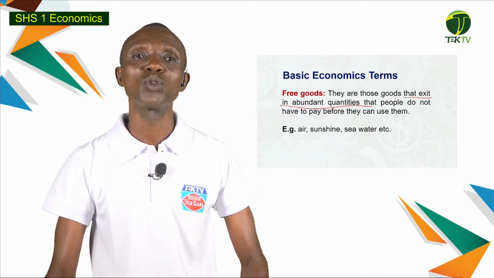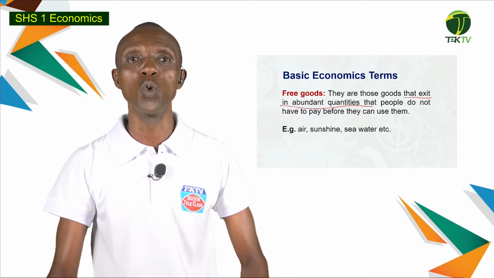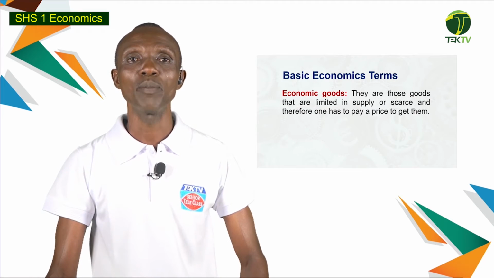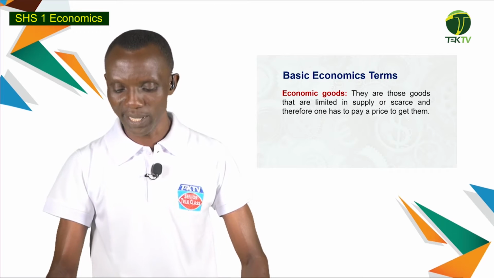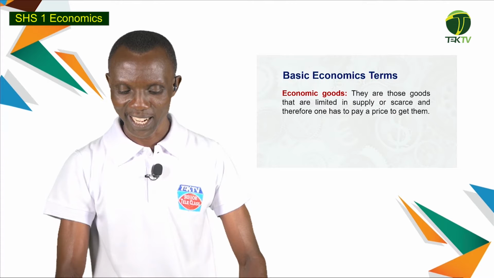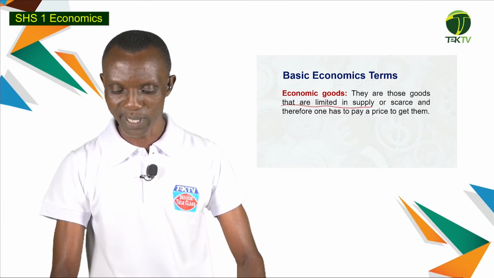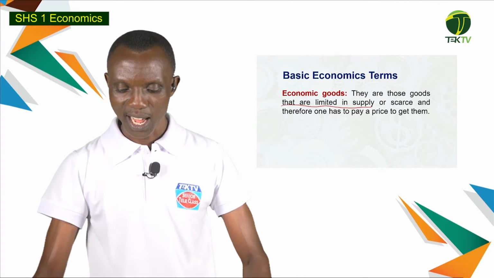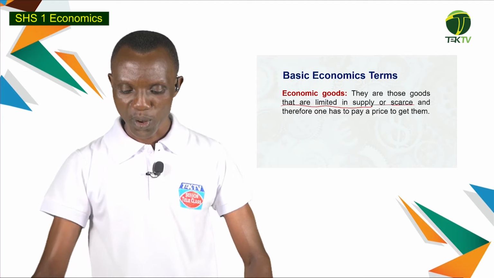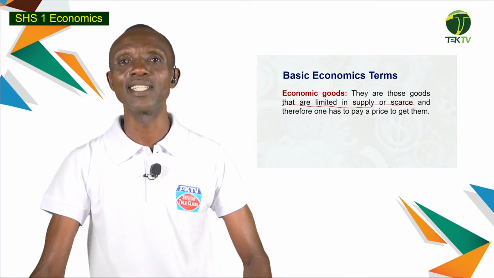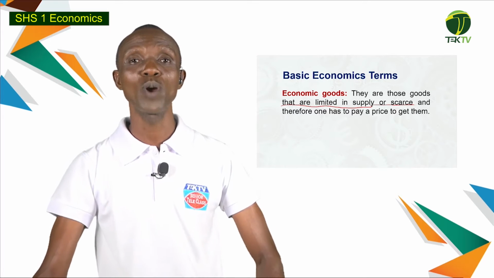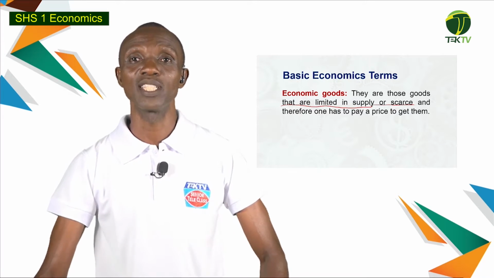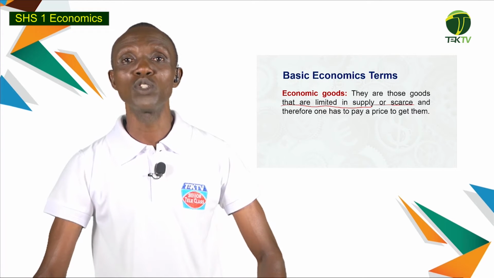Then in that case, we could also talk about economic goods. For economic goods, they are those goods that are limited in supply. So let's emphasize they are limited in supply or scarce. And therefore, one has to pay a price to get them. Unlike free goods, which are in abundant quantities, that people don't need to pay before they use them.